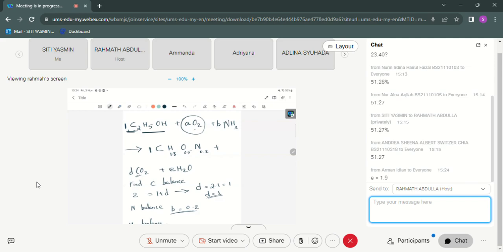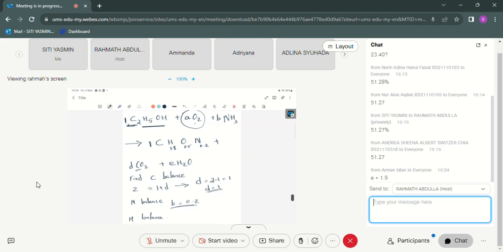Anyone got the answer for hydrogen? Okay, let's see how we're going to do the hydrogen. For hydrogen, if you look at the ethanol part, you can see 5 and then here 1, so this goes as 6.